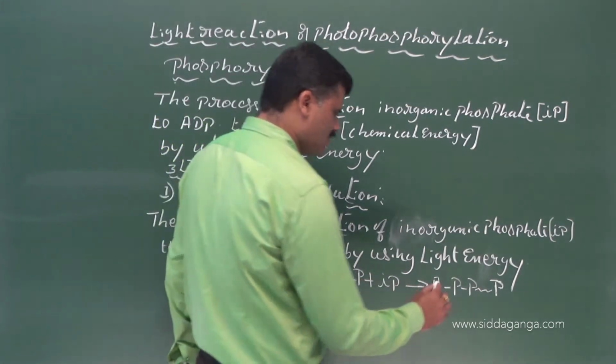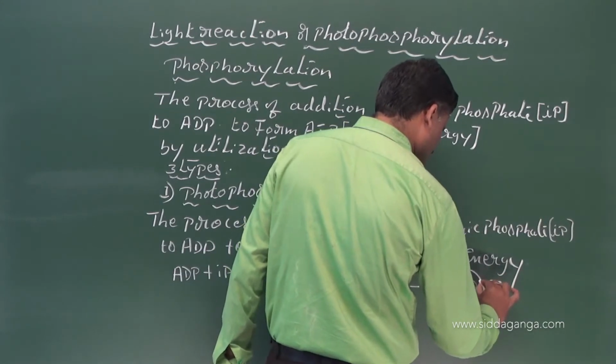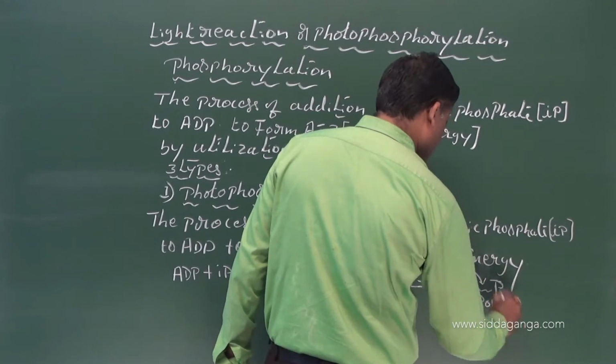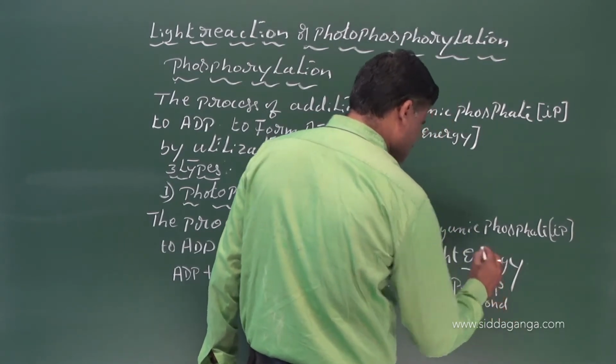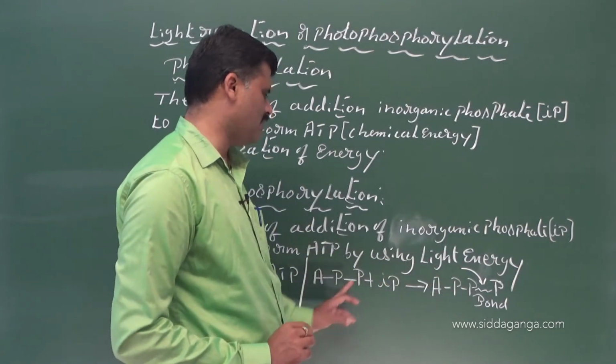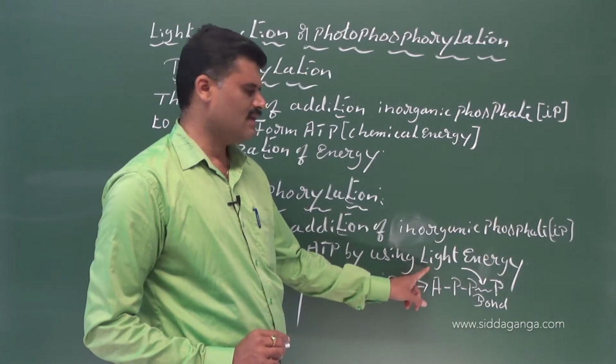For formation of this chemical bond between inorganic phosphate and ADP, energy is required, and that energy is supplied by light.